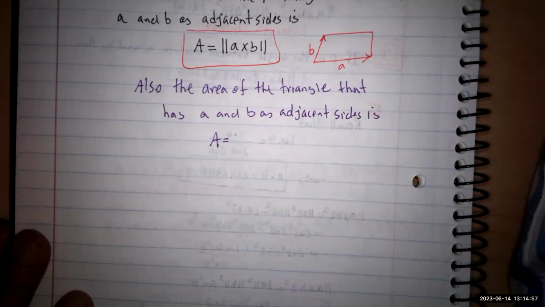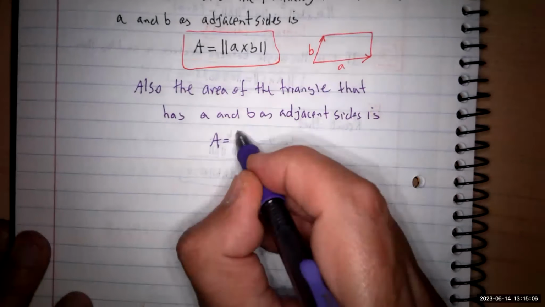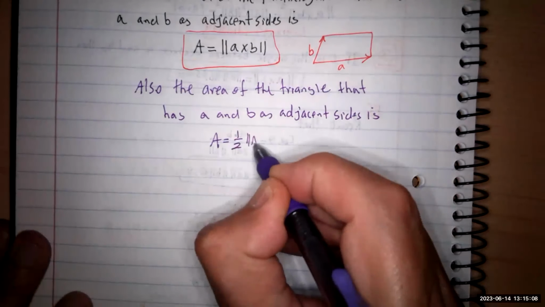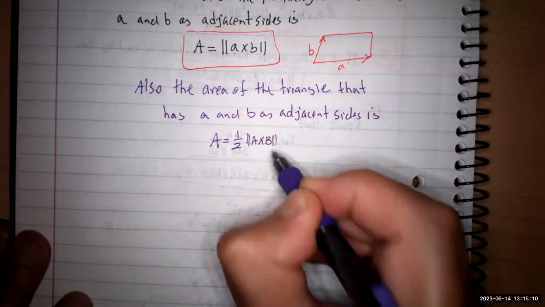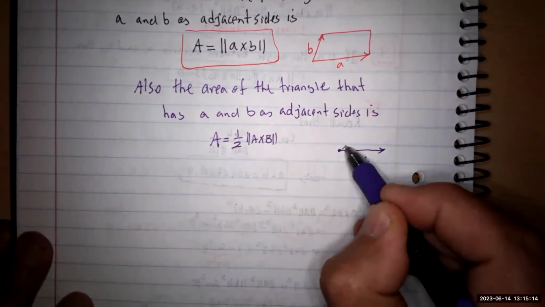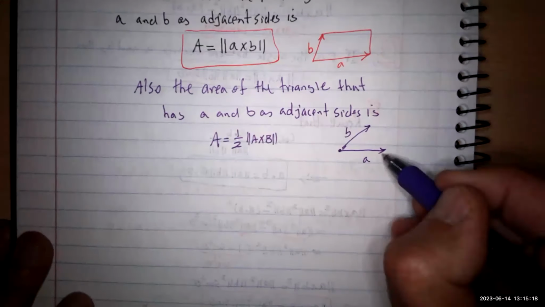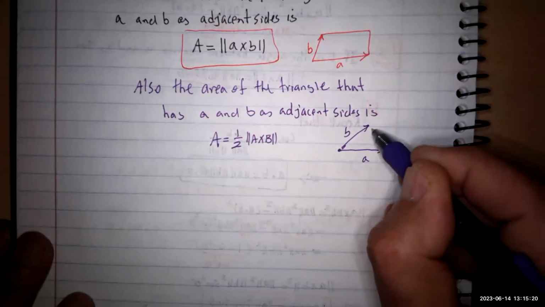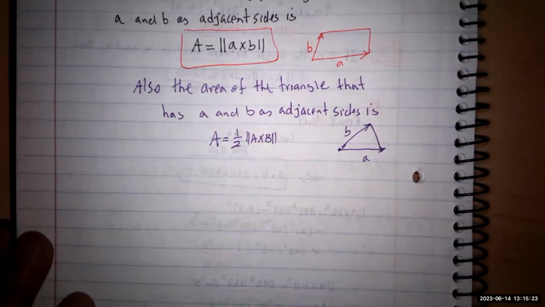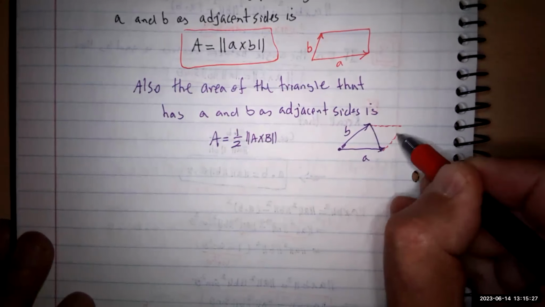One half. You see that the triangle is going to be one half of a parallelogram. So in that case, this is going to be one half of the norm of A cross B. If this is a triangle that you have, then you can think about it and make it a parallelogram.